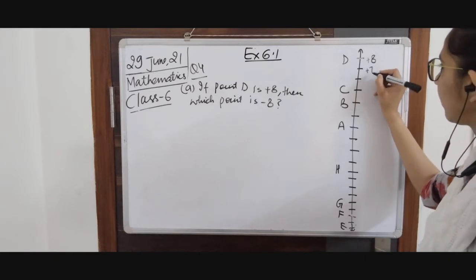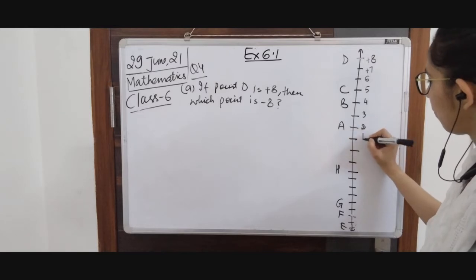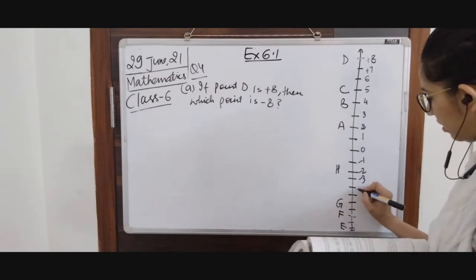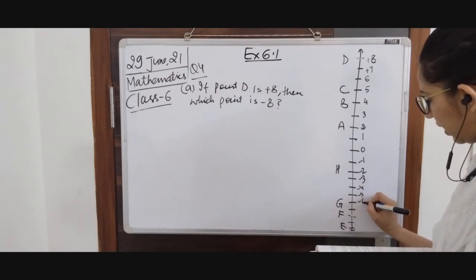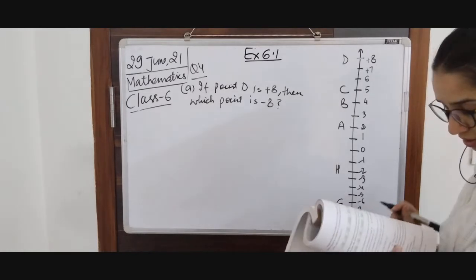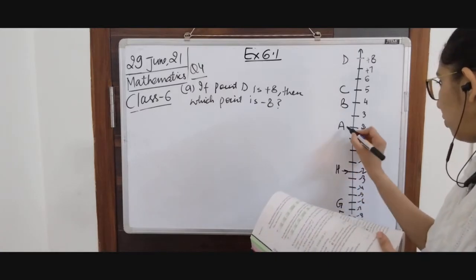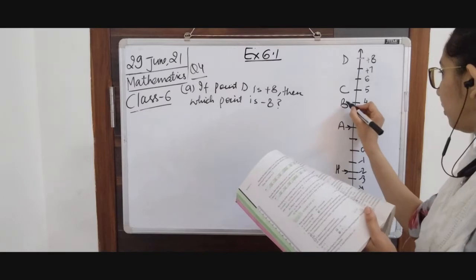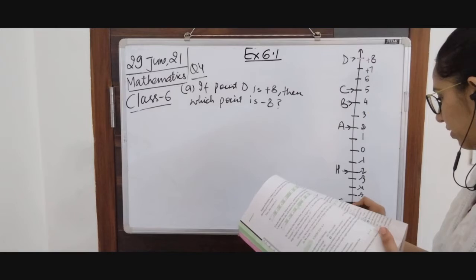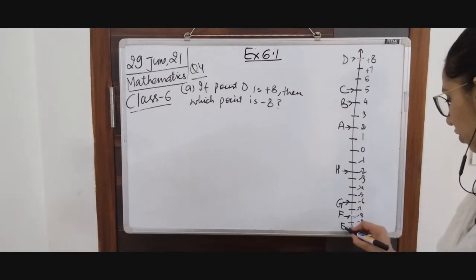So it is going to be +7, 6, 5, 4, 3, 2, 1, 0, -1, -2, -3, -4, -5, -6, -7, -8, -9 and -10. So your H is minus 2, A is 2, B is 4, C is 5, and your D was this, G is minus this, F is your minus 8, and E is your minus 10.